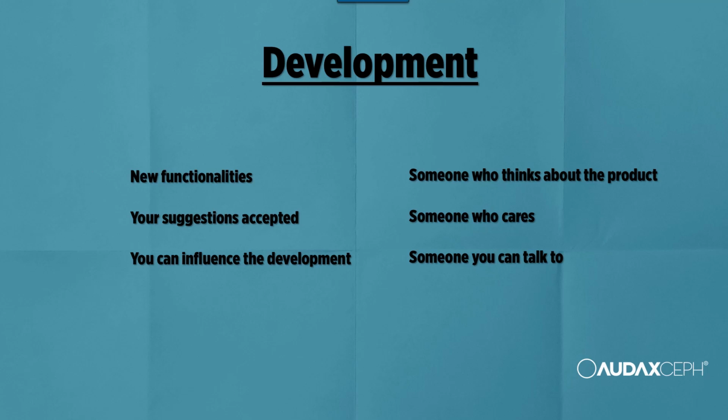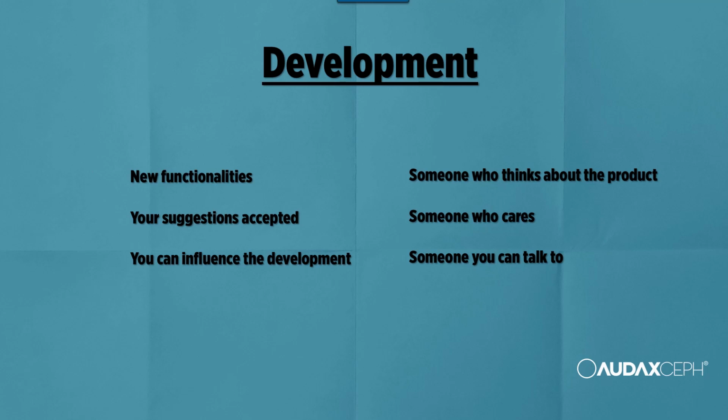If the software is being developed, there is someone you can talk to, someone who cares about the product. Look, AudaxCeph offers automatic tracing because we do the development. So I would like to show you some things, of course, that we plan to release soon so that you'll be sure that we did not stop.